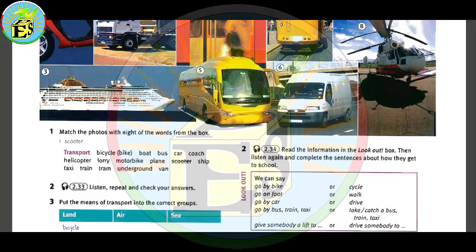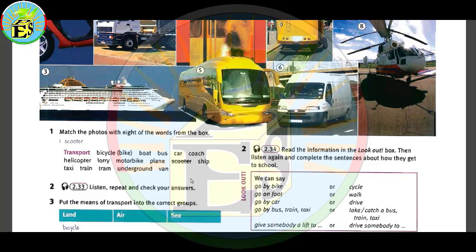Listen, repeat, and check. 1, scooter, 2, lorry, 3, ship, 4, underground, 5, coach, 6, van, 7, tram, 8, helicopter.